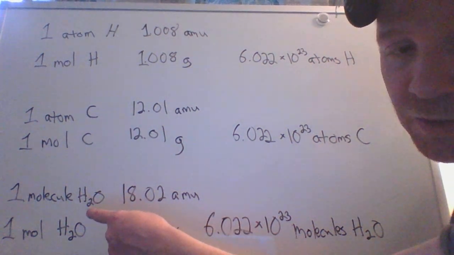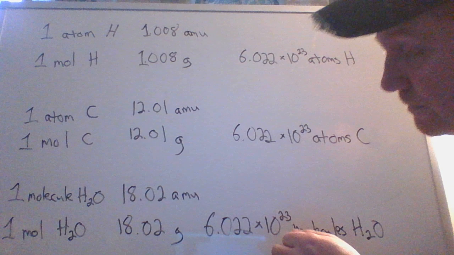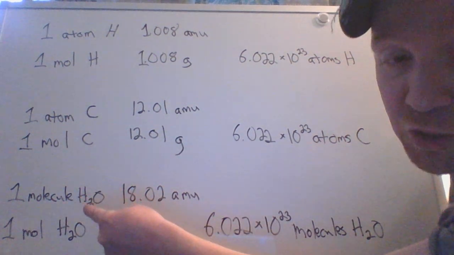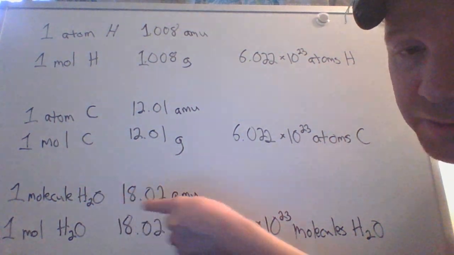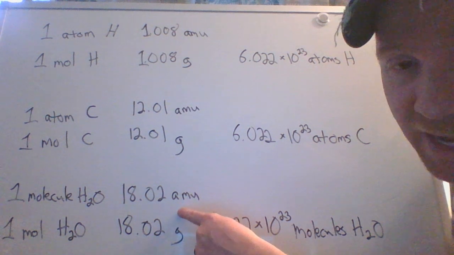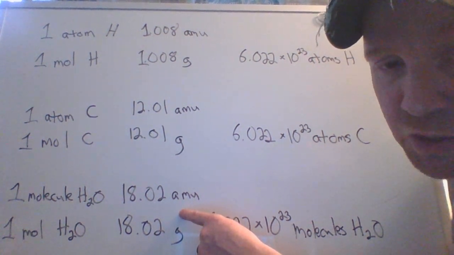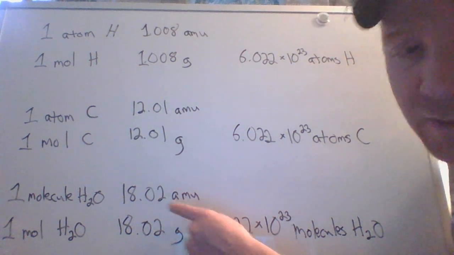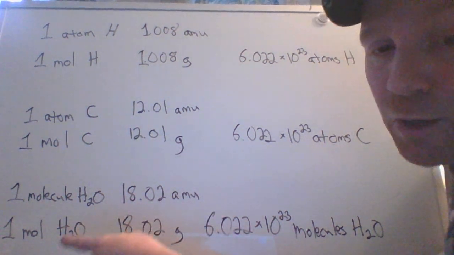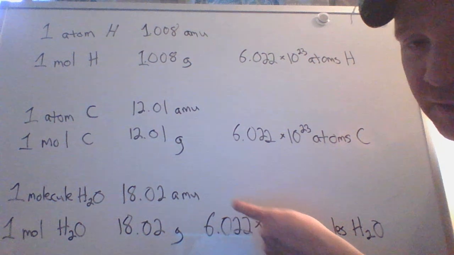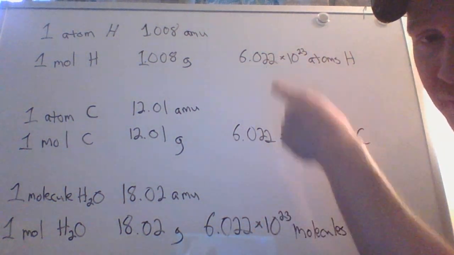Last example, I have water. Notice it's a molecule, it's a compound, H2O. If I add up two hydrogens and one oxygen from the periodic table, I could say that one water molecule weighs 18.02 AMUs. But if I have an entire mole of water, look at this. This number is the same as it was up here.